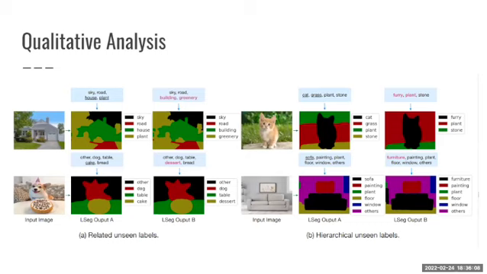If we see over here on the left side, labels that are removed between runs are underlined here, like a house or the plant.